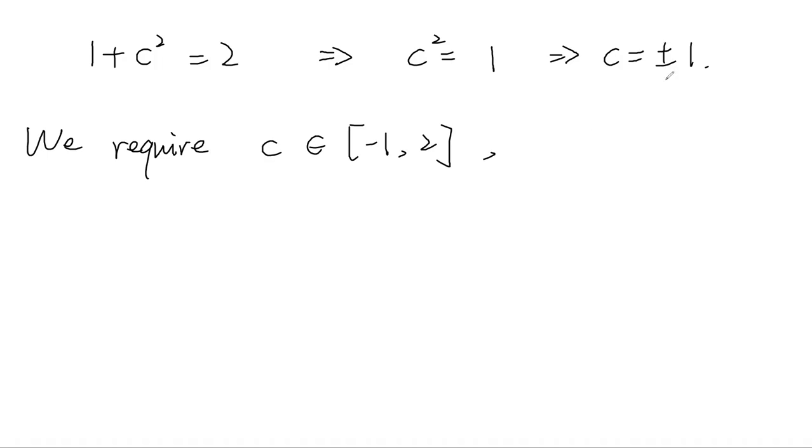Since -1 is between -1 and 2, it's in this interval, and 1 is also in this interval. So both values of c are valid.